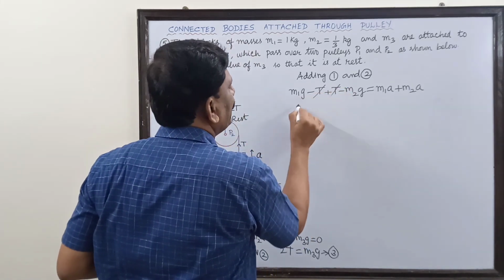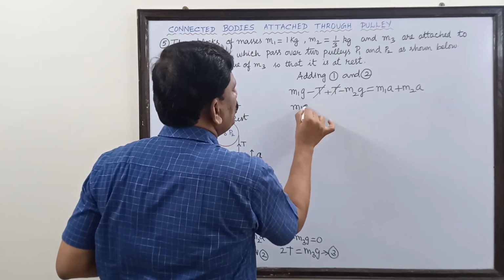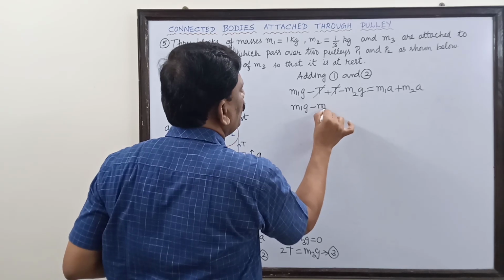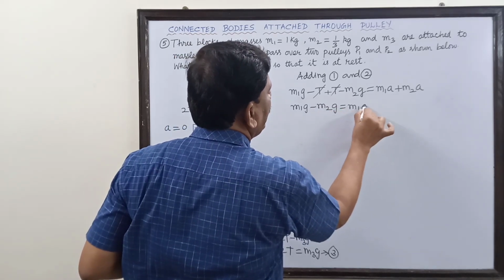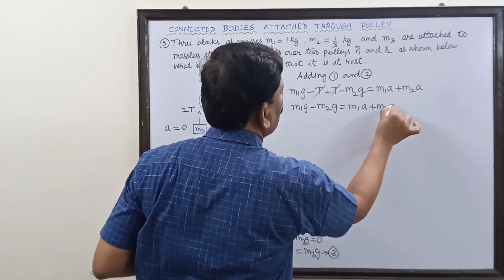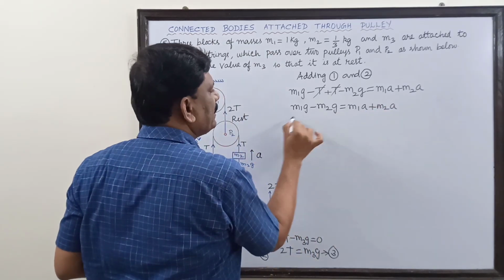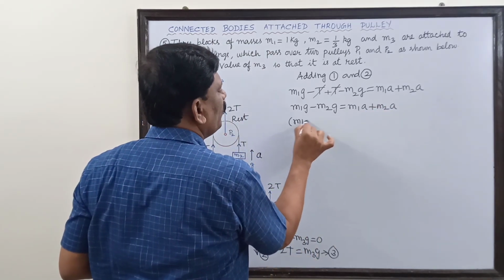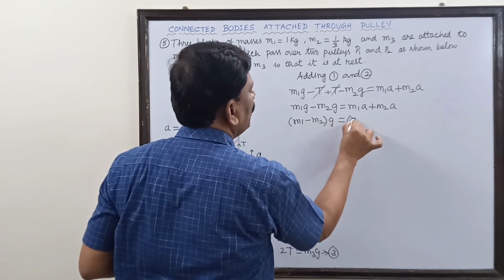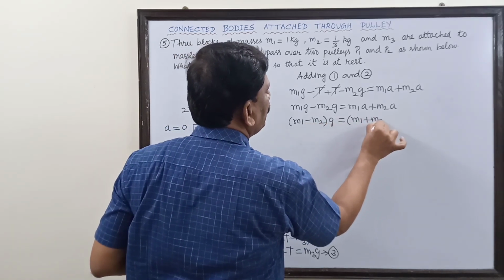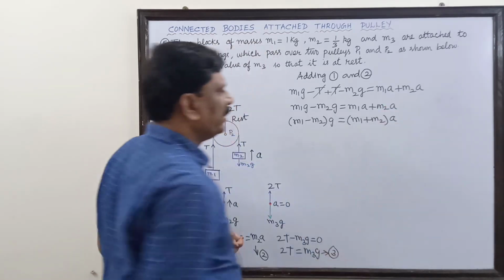So what is remaining is m1g minus m2g is equal to m1a plus m2a. g is a common factor, so I can take (m1 minus m2) into g is equal to (m1 plus m2) into a.